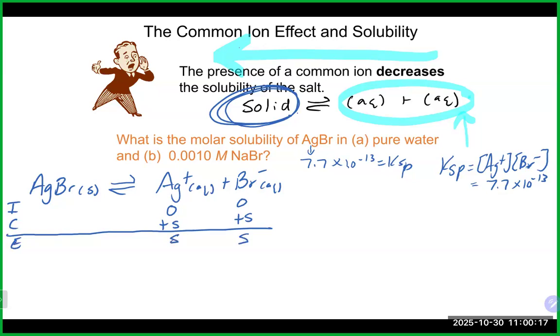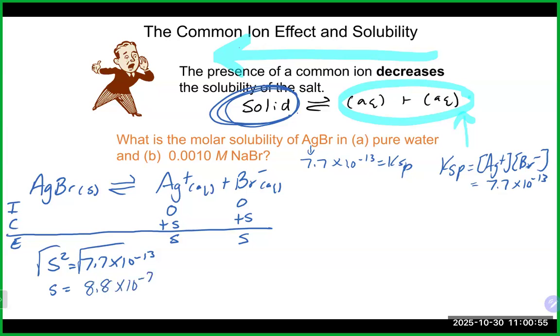So we just do an ICE table like we talked about previously. We then put these into our KSP expression, and that will give us S squared is equal to 7.7 times 10 to the minus 13. I'm going to square root both sides here, and that is going to get us an S value of, let's see here, something like 8.8 times 10 to the minus 7.